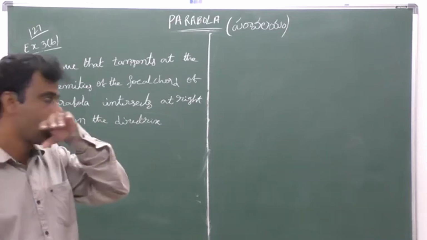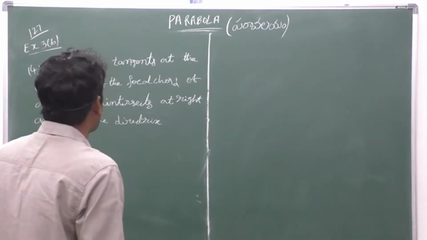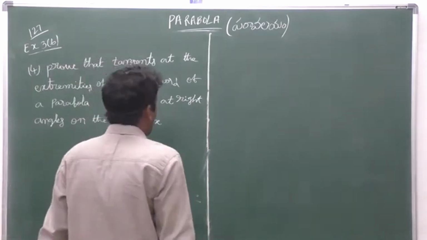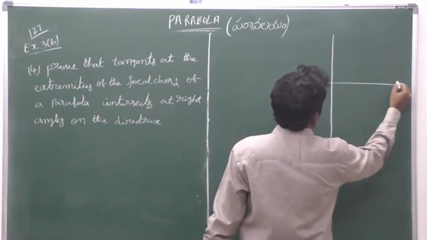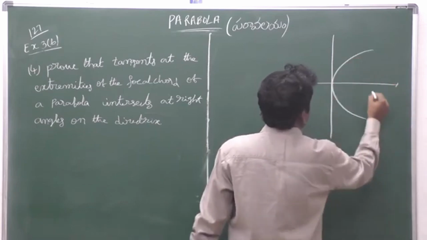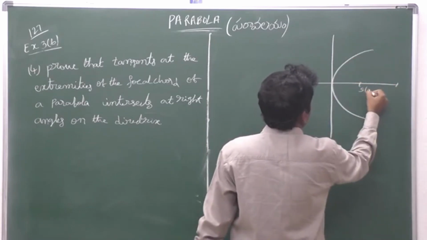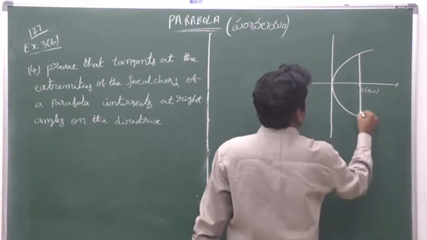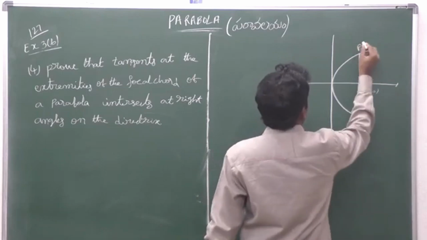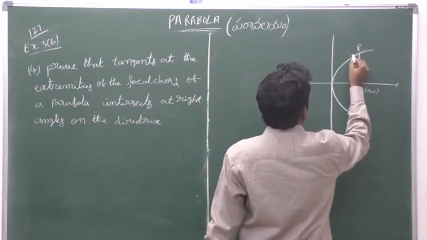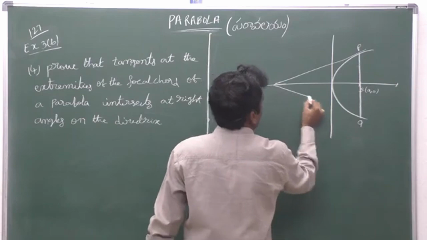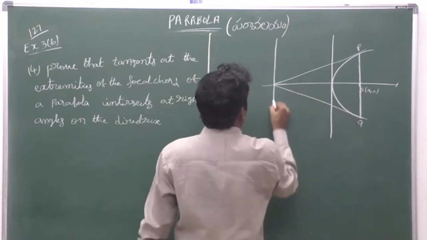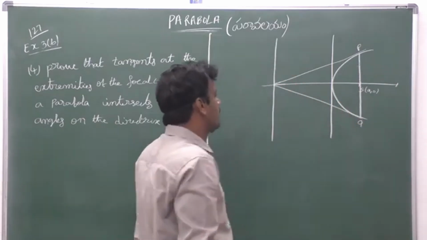Okay, first of all, focus S (a, 0), focal chord PQ, tangents drawn at P and Q, forming 90 degrees at the directrix.